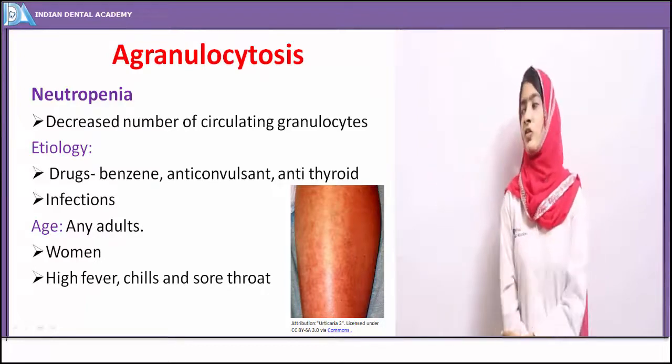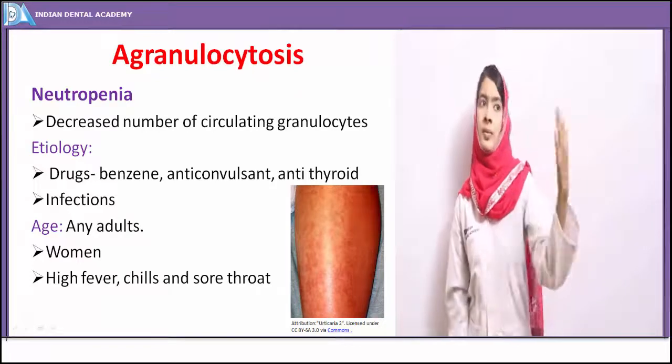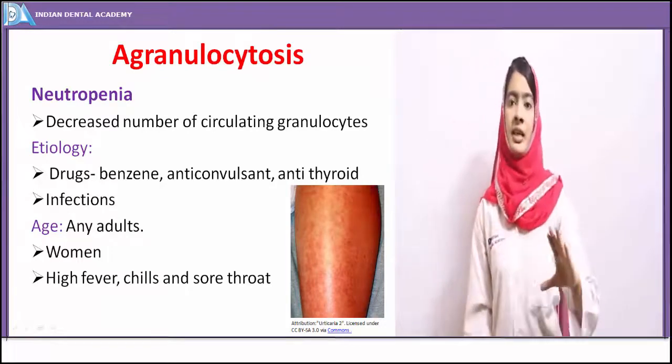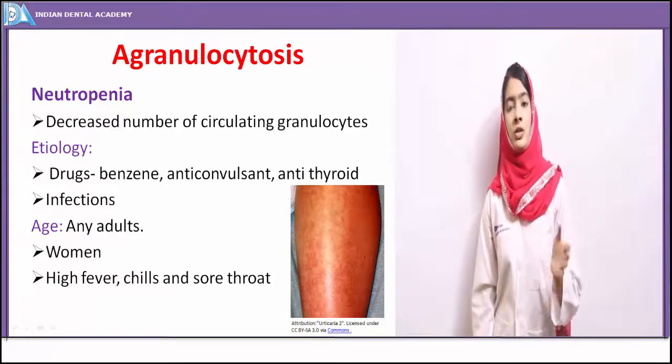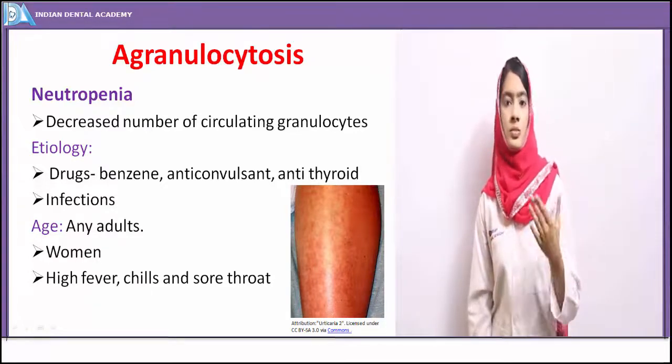What is the etiology of agranulocytosis? It may be of two types, primary or secondary. Primary agranulocytosis has an unknown etiology and is more common in children.